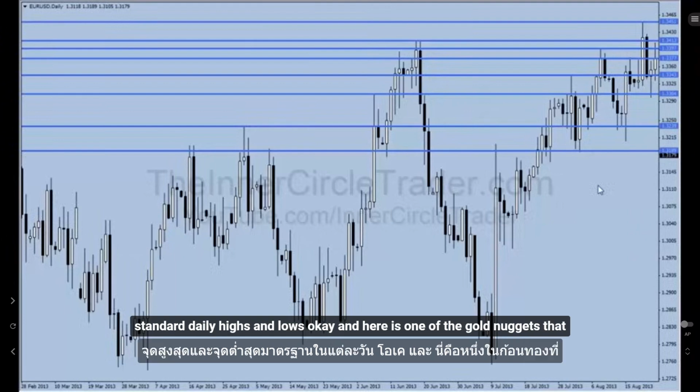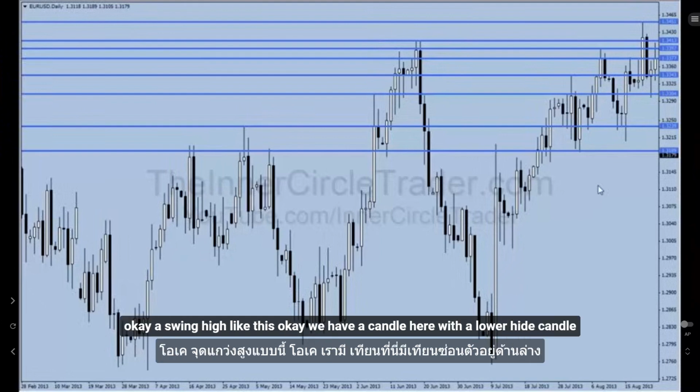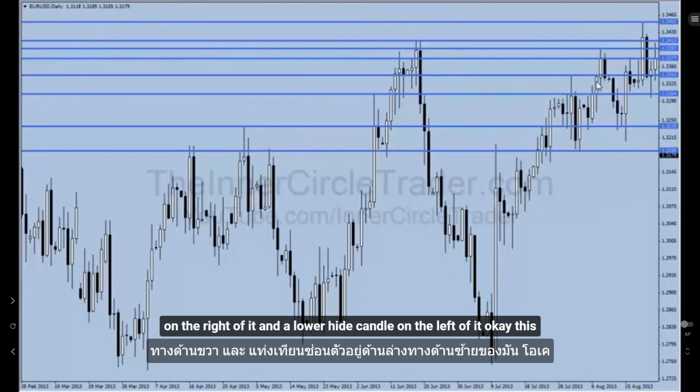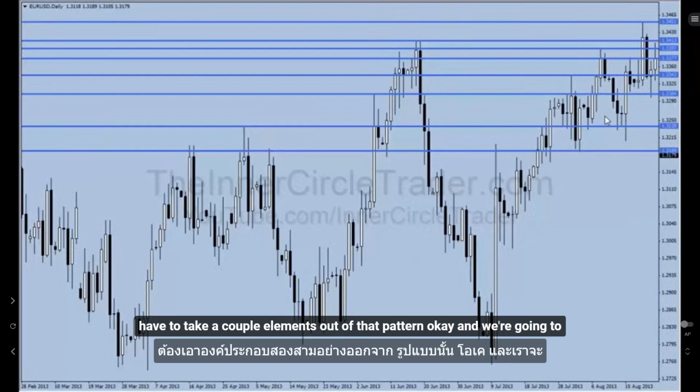Okay, and here is one of the gold nuggets that you're going to get. Whenever you see a swing high, like this, we have a candle here with a lower high candle on the right of it and a lower high candle on the left of it. Okay, this pattern is very, very strong. And the reason why it's so strong is because you have to take a couple elements out of that pattern.